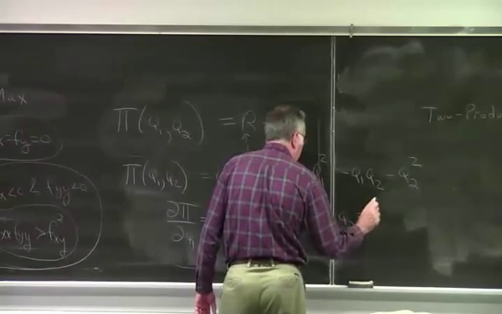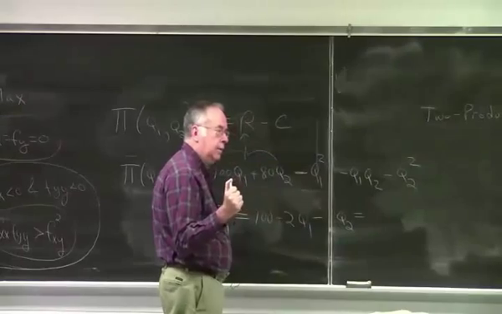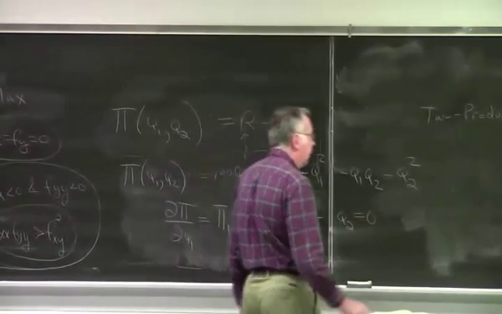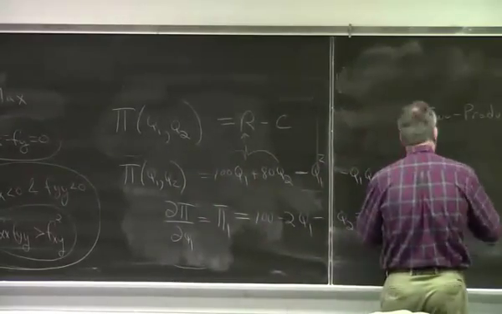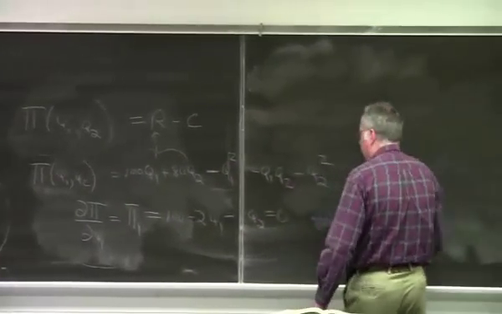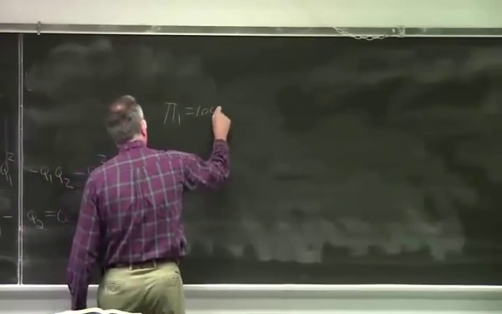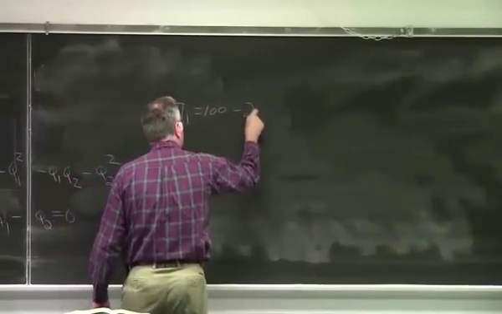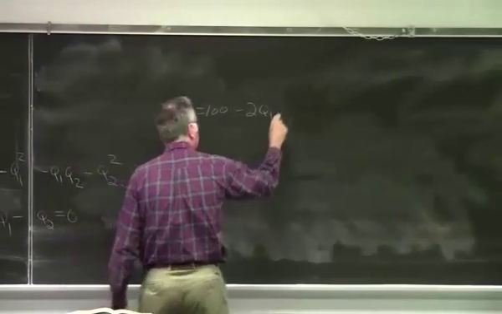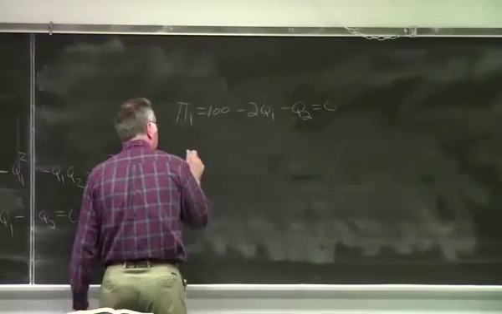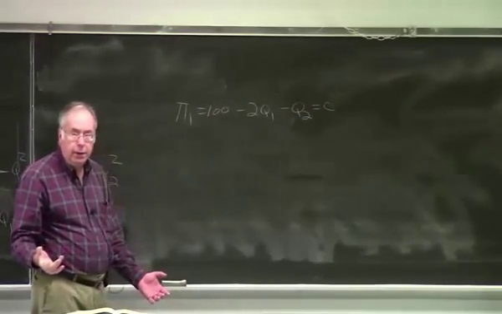And we want to do what with that? Set it equal to 0. Okay. Let me rewrite pi 1 over here, because I'm running out of room. Pi 1 is 100 minus 2Q1 minus Q2 equals 0. And then what else do we want to look at?